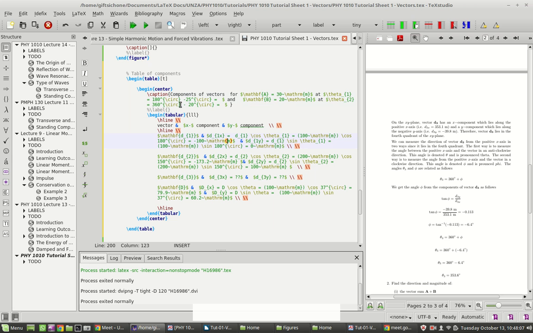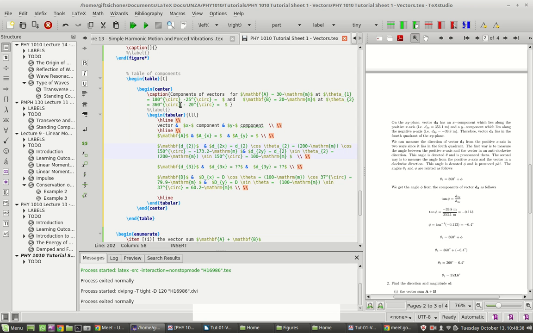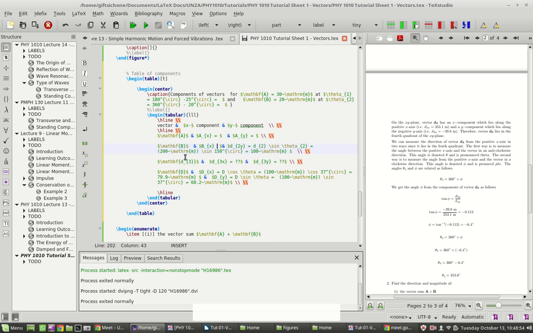Okay, then we need vector A. On this side we have AX, and AY. Then BX and BY.